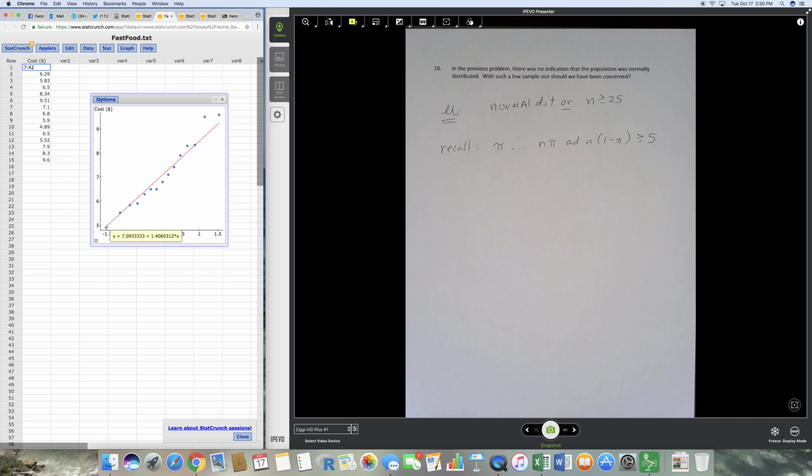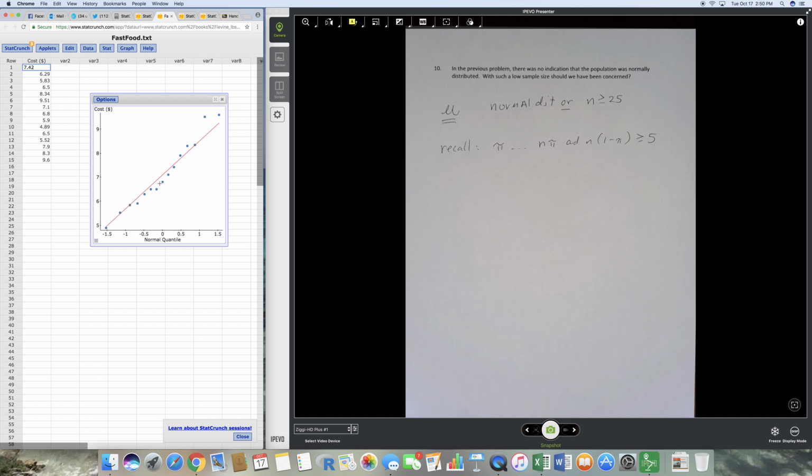So let me back up and slow down. If we have this diagonal line and all these points fall on the diagonal line, then we are assured normality, that the normality assumption is met.